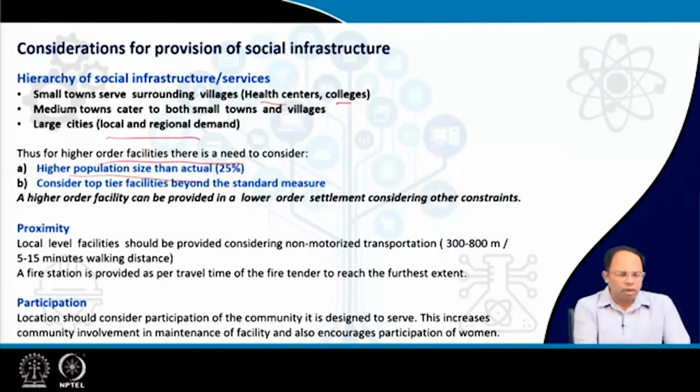So that is one part. Or we can say that we should consider top tier facilities beyond the standard measures. When we have a total population number for a particular area, all the normal facilities could be decided as per UNDP guidelines, but the top order facility like a district hospital should be kept beyond the basic estimates of population that determine the number of health centers or hospitals given in the UNDP guidelines.